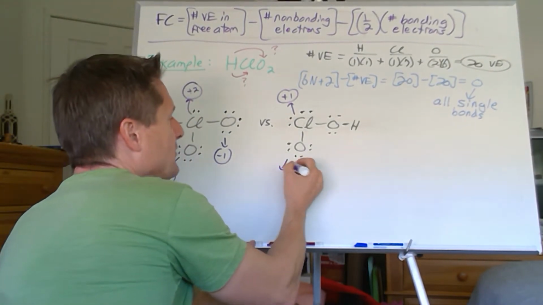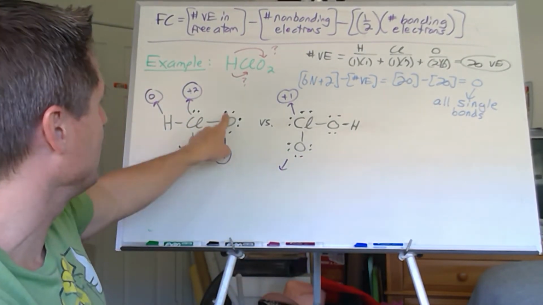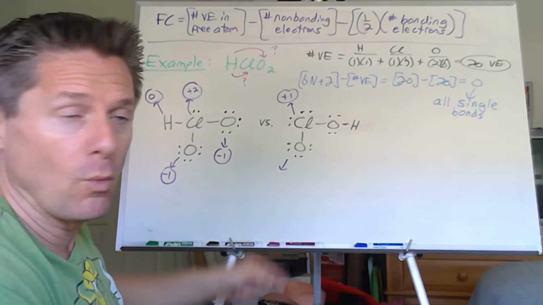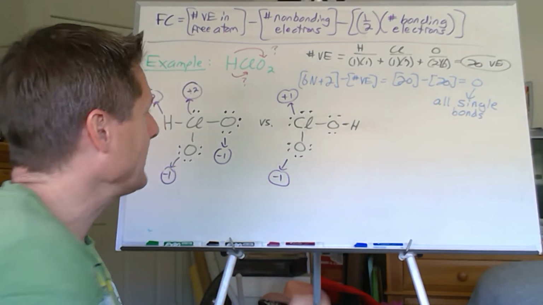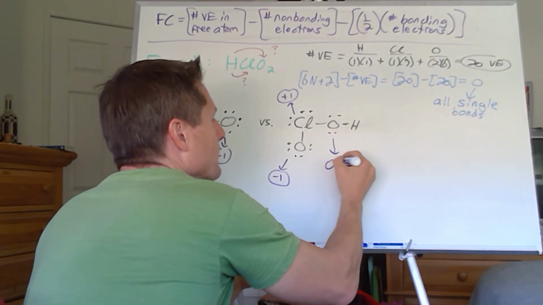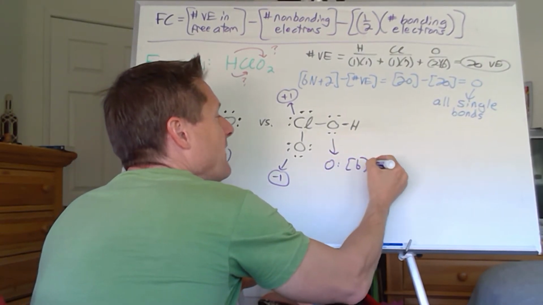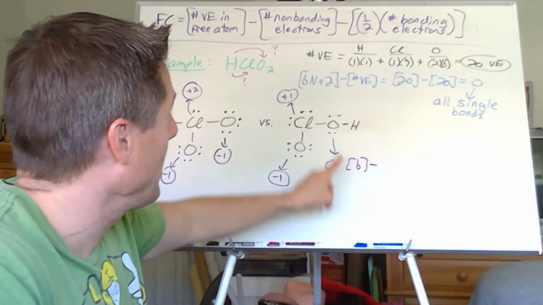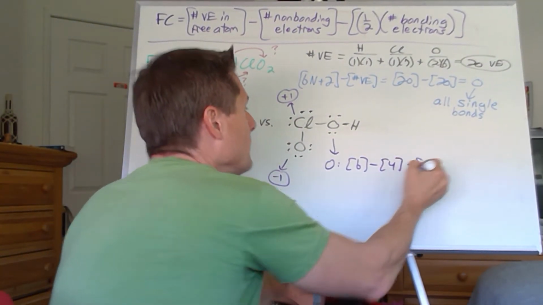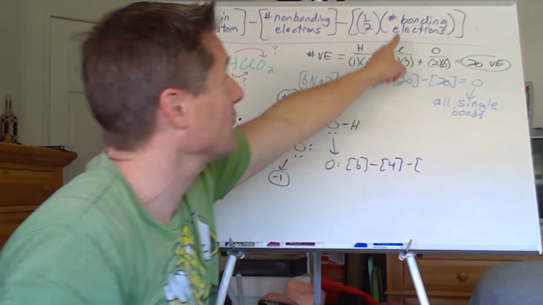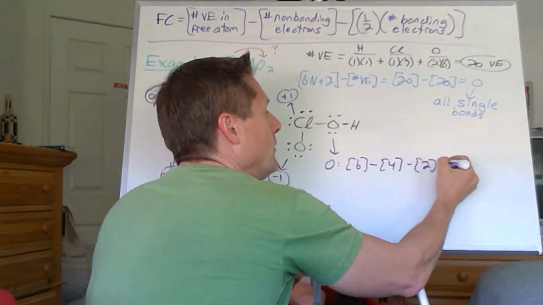Let's look at this oxygen right there. Well, that's the same as these, right? 3 lone pairs and 1 bond, so that's going to be the same as that, so we don't have to recalculate it. Let's do this oxygen. We've got 6 valence electrons in the free state. How many non-bonding electrons? 2 plus 2 is 4. We've got 4 bonding electrons. Half of that would be 2.